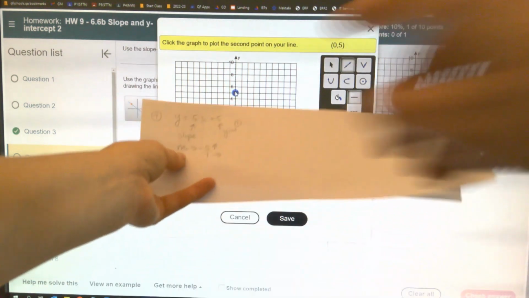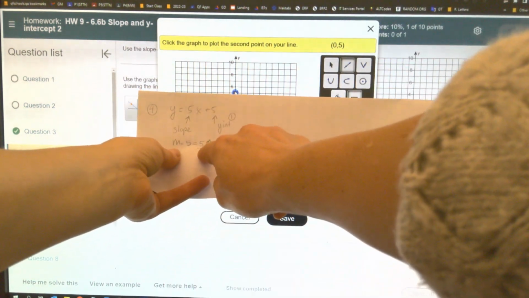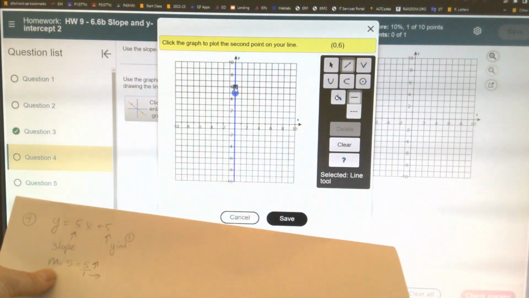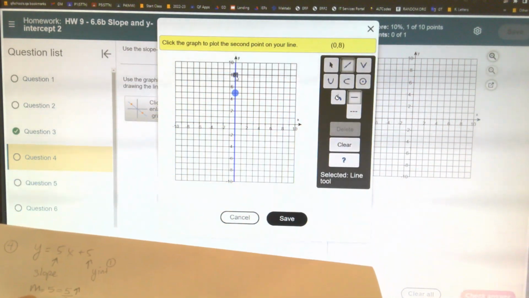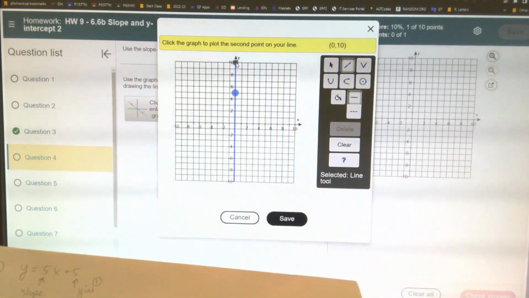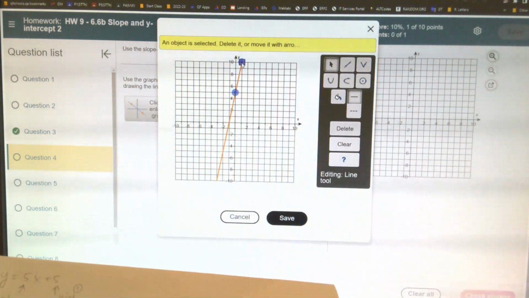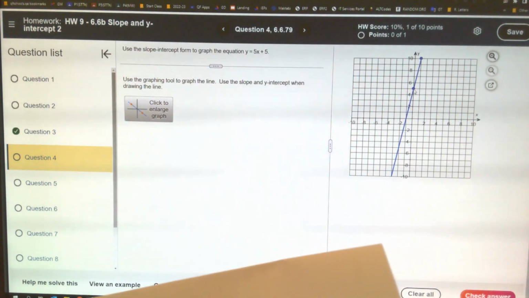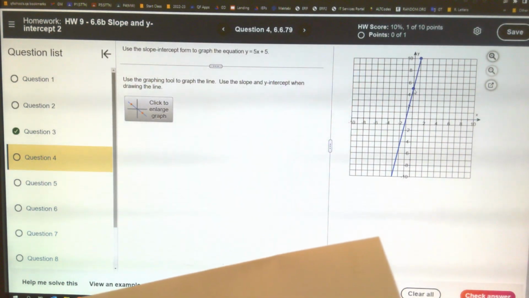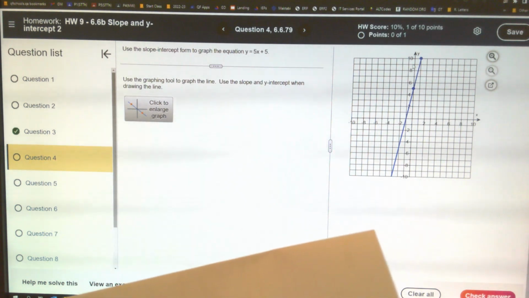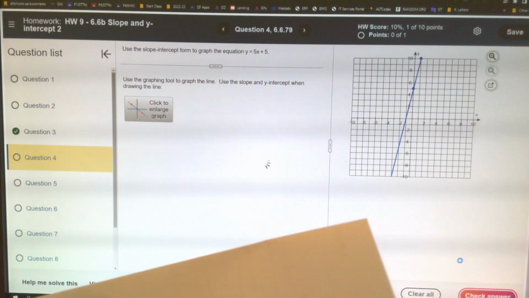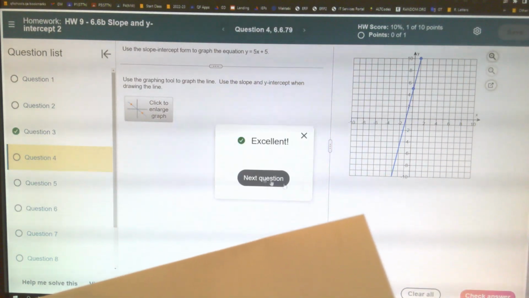Now for the slope, I have to go up 5 and right 1. So let's count. 1, 2, 3, 4, 5, then right 1. Click. There. So I put a point at 5, and then I go for the slope. I go up 5 and right 1. Yay!